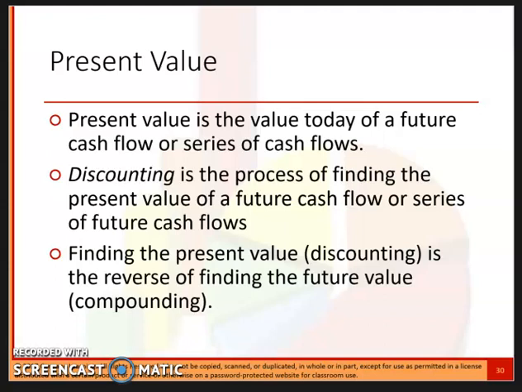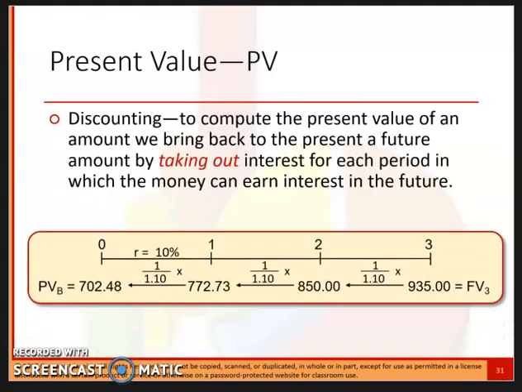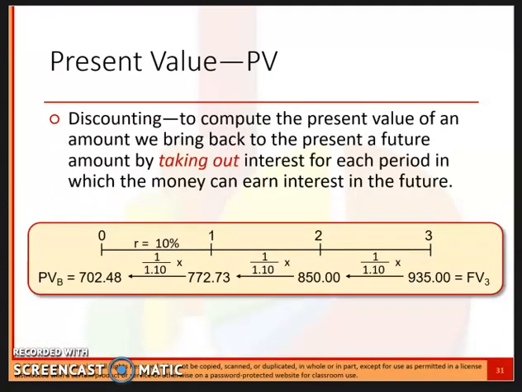Finding the present value is the reverse, or the inverse, of finding the future value, which is compounding. So discounting, we compute the present value of an amount, we bring it back to the present, and when we're comparing numbers, more is better.